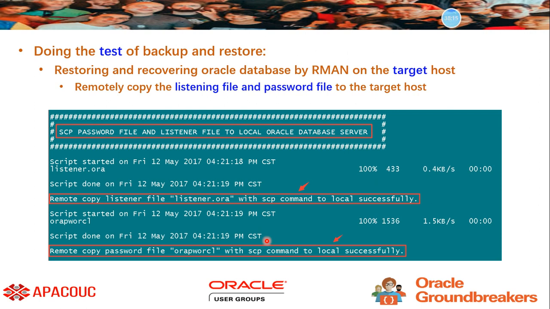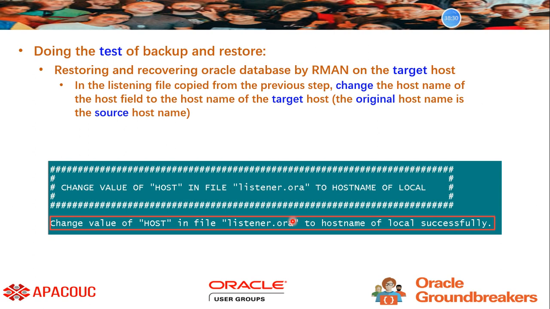In this slide, you can see scp of the listener file and password file to the target host successfully. Here, you have seen changing the value of host in the file listener.ora to the host name of the target host successfully.